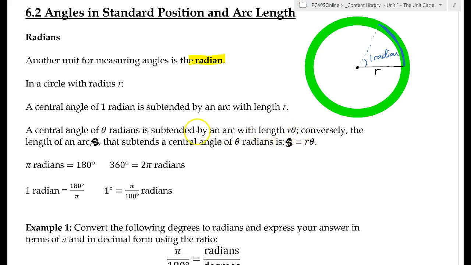Our formula in general is that arc length is equal to the radius multiplied by the angle. Now, the tricky part here is that the angle, I'm going to do this in red just to make sure, must be in radians.